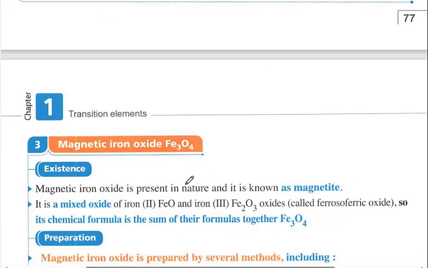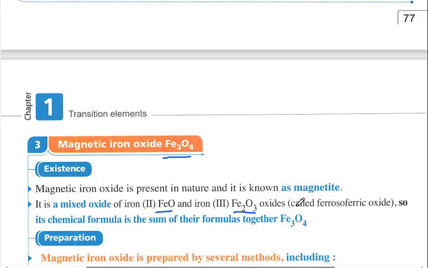Let's have the third one. The third one is a mixture between ferrous and ferric. So let's have a summation. Here in ferrous 1 iron and in ferric 2 iron atoms, so 3 iron atoms, and the oxygen atoms are 1 plus 3, which is 4. So it is a mixture between iron 2 and iron 3 oxides.